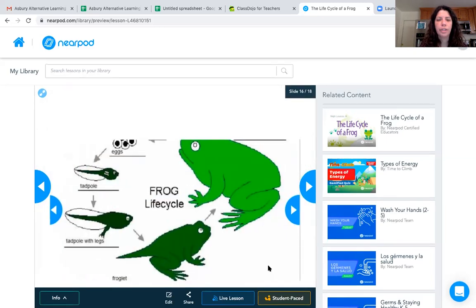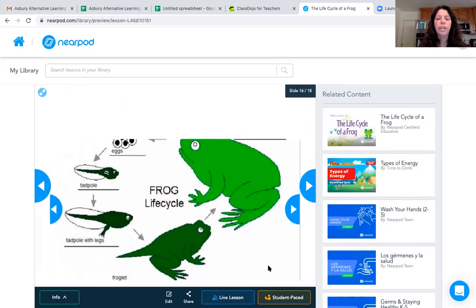Let's take a quick look here at this picture. Now, this is a picture of the frog life cycle. I'm sorry, you can see here it's been a little cut off in this preview. But whenever you look at a life cycle, you're going to want to start with the baby or the eggs. Here are the eggs right here. And then we're going to want to look at the arrows and follow the direction that the arrows are pointing. So a frog starts off as an egg. Those are those gooey jelly-like eggs.